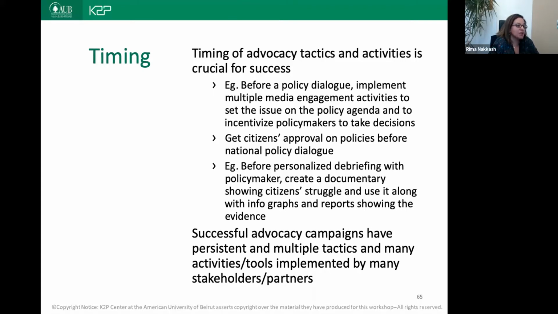So citizen consultation is important to inform citizens about policy solutions, to get their input and buy-in with regards to policy solutions, but also that information to be portrayed to policymakers so that they know what the positions of citizens are. So successful advocacy campaigns are persistent, and using those multiple tactics to identify what tools work better and with what partners is very important.